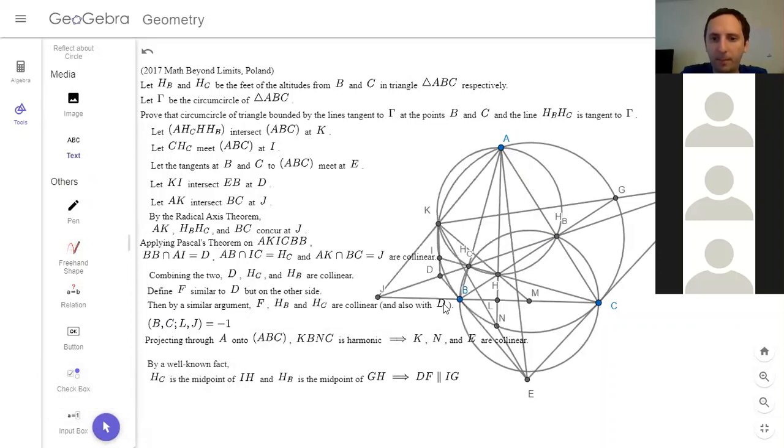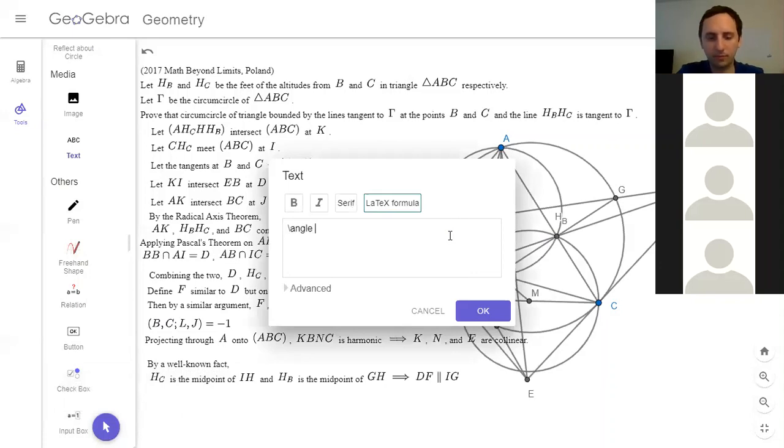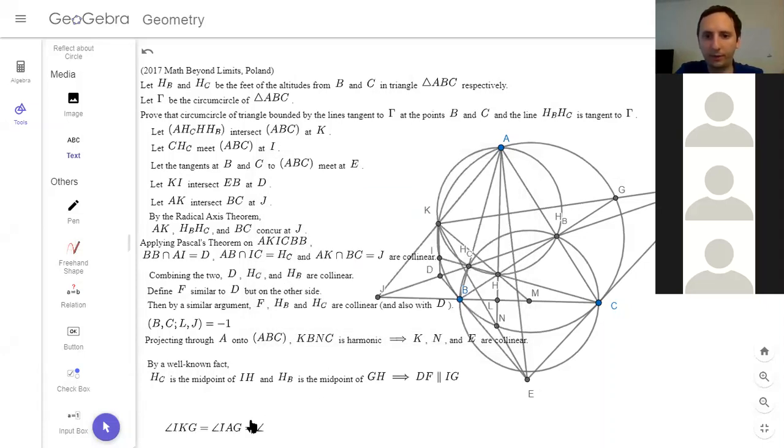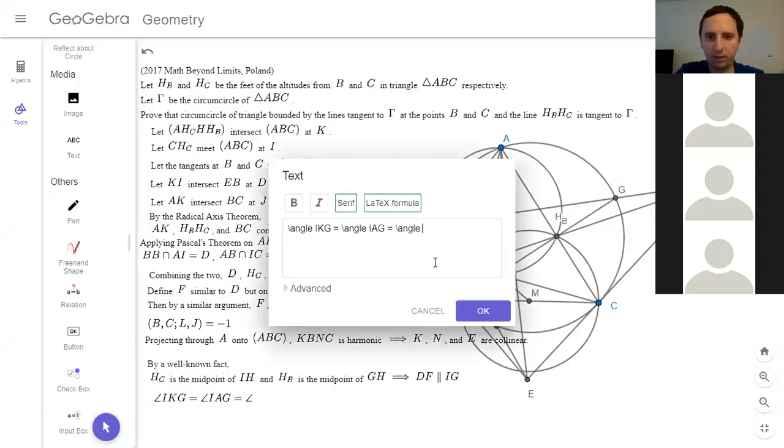So angle IKG equals angle IAG. So that's angle IAH plus. Actually, we should prove the similarity. Can we do that after proving the cyclicity?